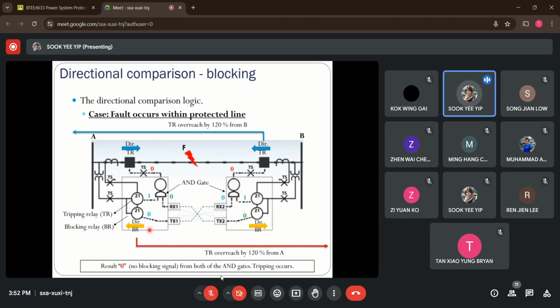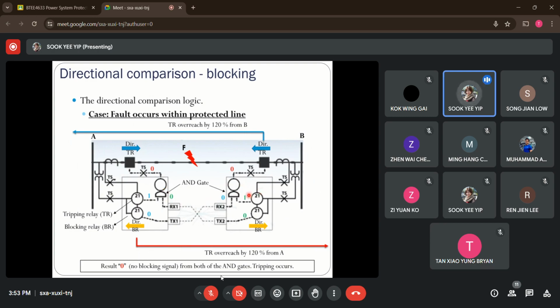But the blocking relay looks outside the line, so it senses no fault outside the transmission line. This means there is no external fault situation, so no blocking signal will be sent to the other side. In this case, it gives logic 0 to the AND gate.